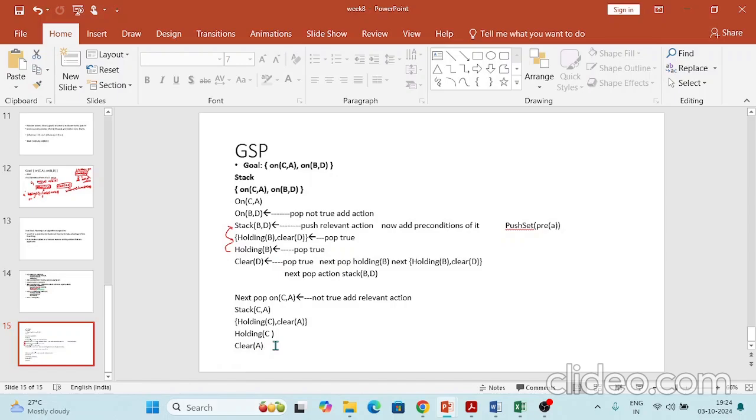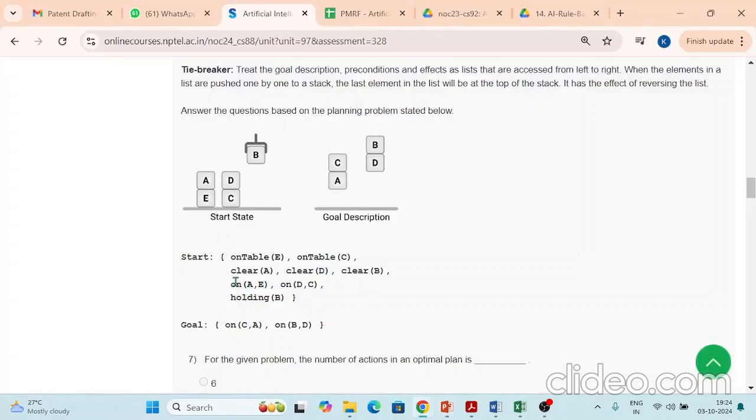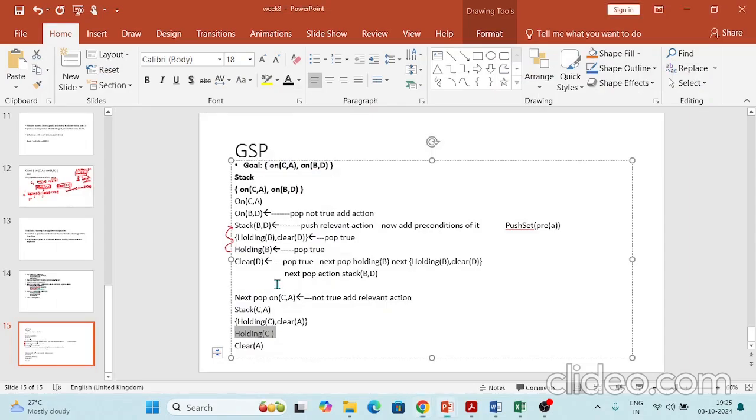Clear A is popped. Next, holding C. Holding C is not there in the start state. So not true. Whenever it is not true, what we need to do? Whenever that is not true, we need to add the relevant action. So holding C.